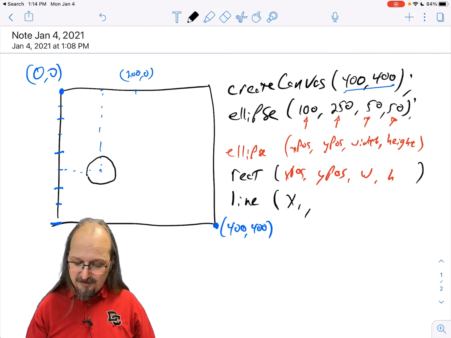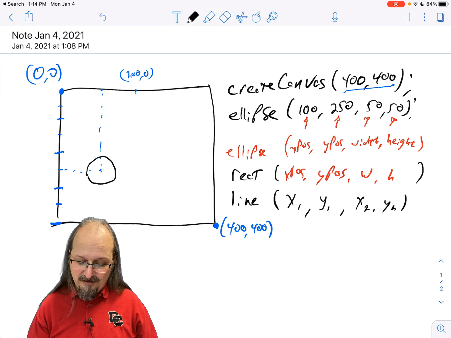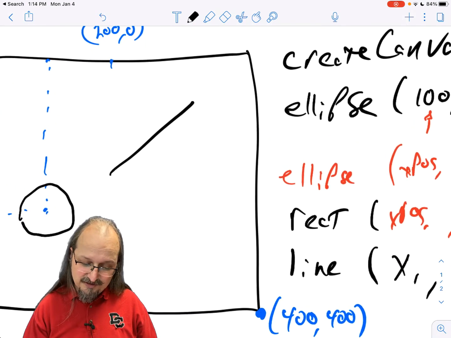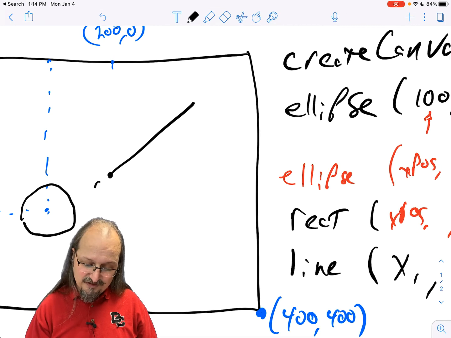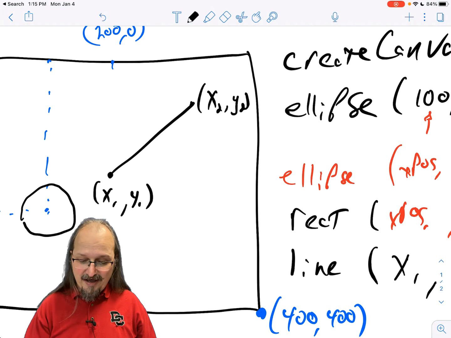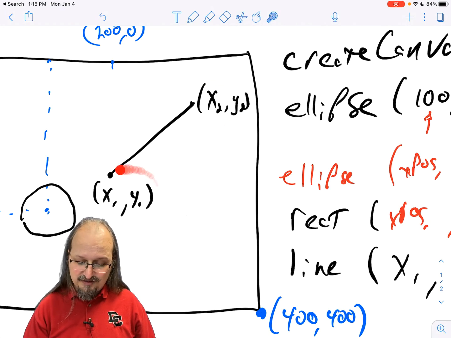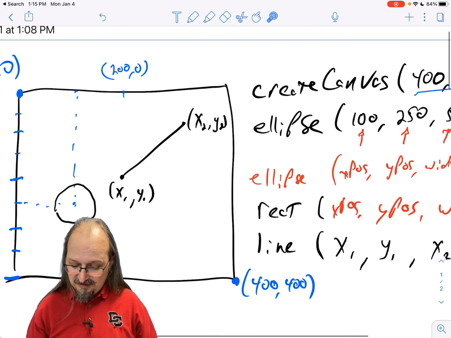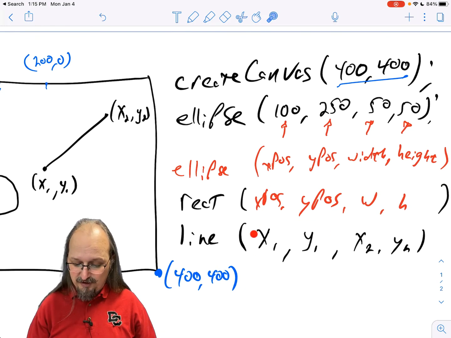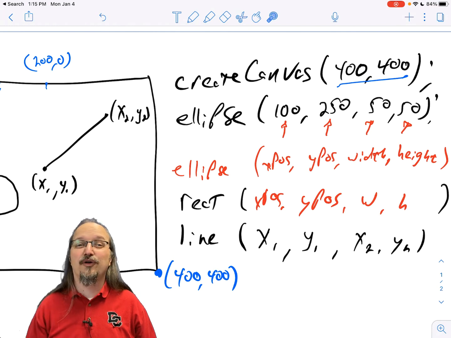We have x1, y1, x2, y2, where if I had a line that was like this, I'm going to zoom this a little bit, the xy coordinate of this would be x1, comma y1, and this would be x2, comma y2. Now, it doesn't matter which of these two is x1, which of these come first in the function. It doesn't know top from bottom, left from right. This is the xy coordinate of one end, this is the xy coordinate of the other end.